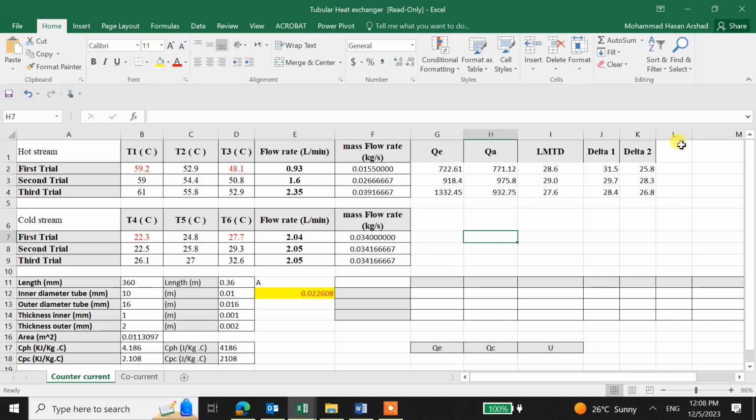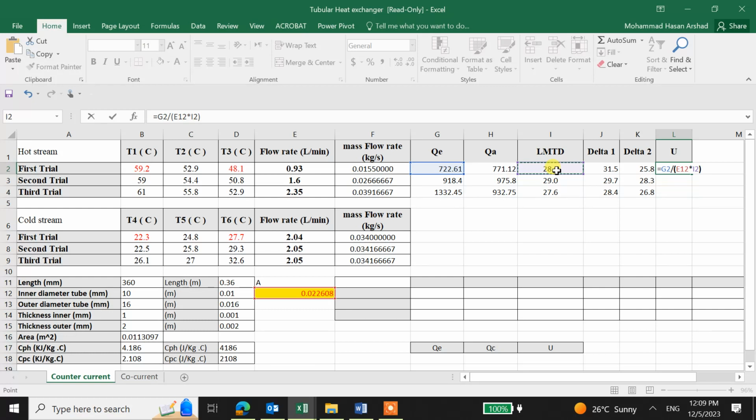So we can find the overall heat transfer coefficient easily: Q emitted divided by area and divided by LMTD. That's it, right? So it is 1000 something. Sorry, area is constant, right? So I need to use dollar signs.